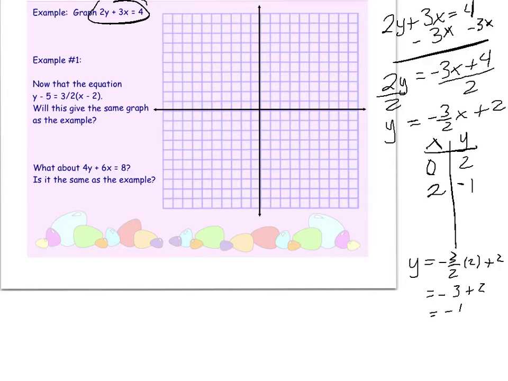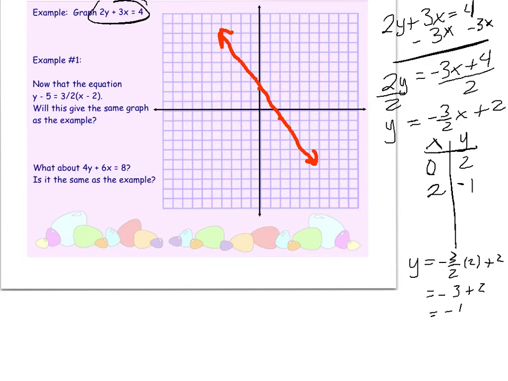So that gives me the point 0, 2, and the point 2, -1, which means my graph goes like this.